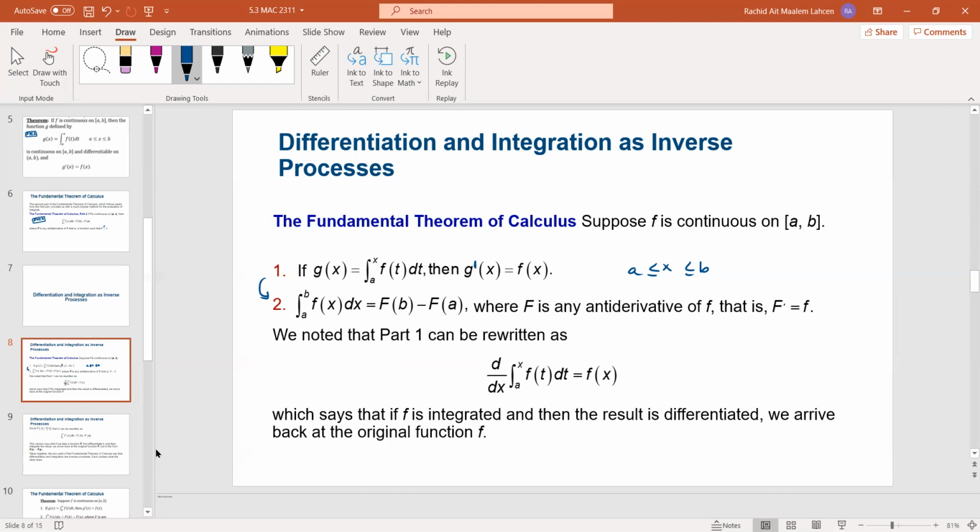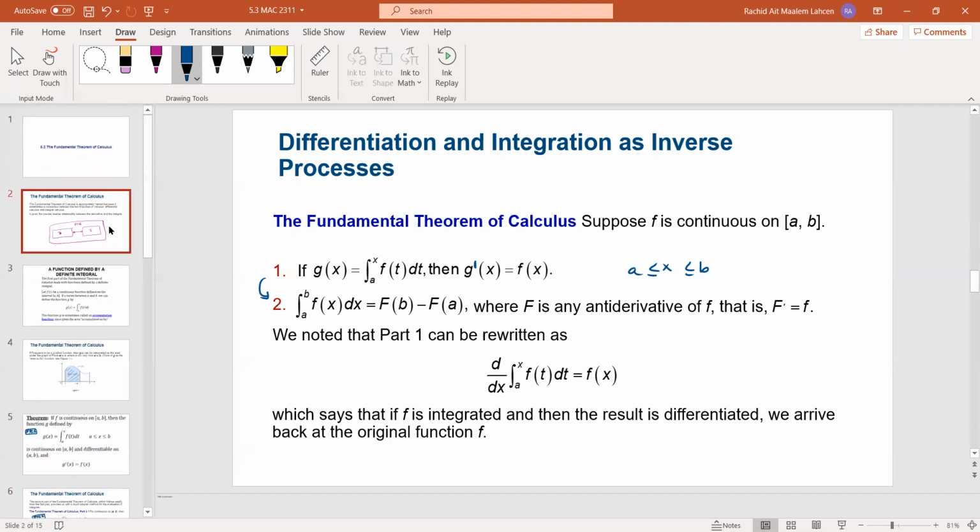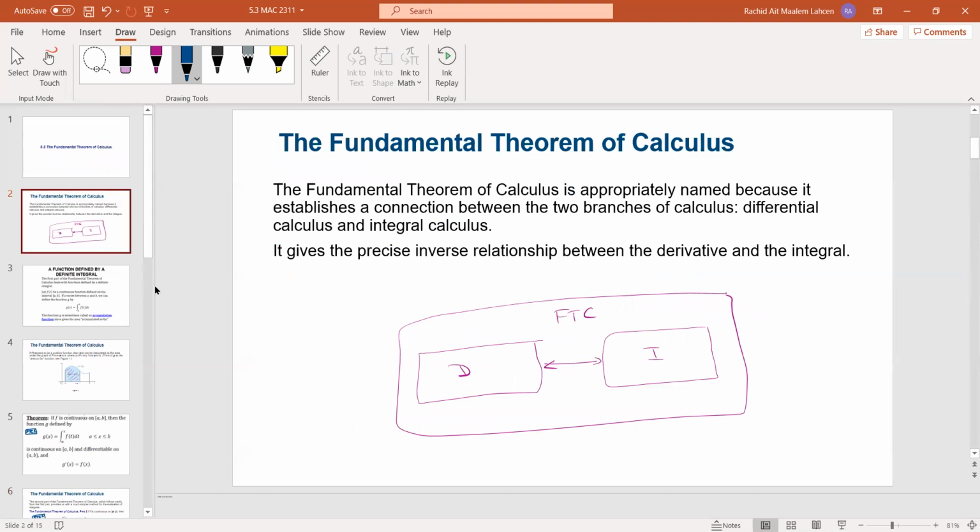Which says that f is integrated and then the result is differentiated. So you see this inverse relationship between differentiation and integration, and that's what this FTC does, and that's how the story between the two problems closes, right?